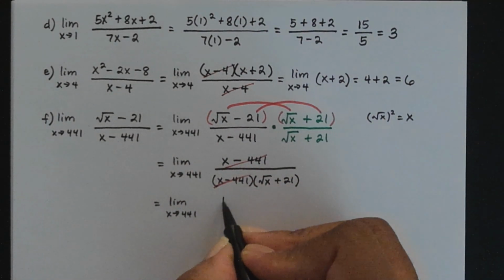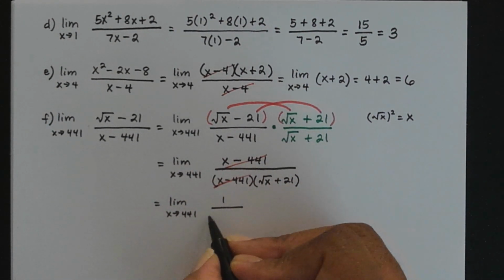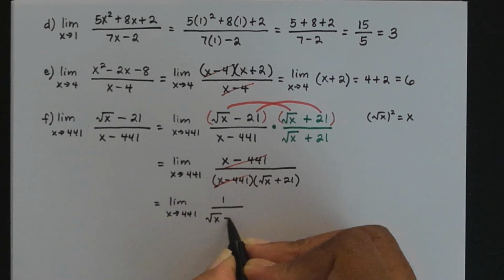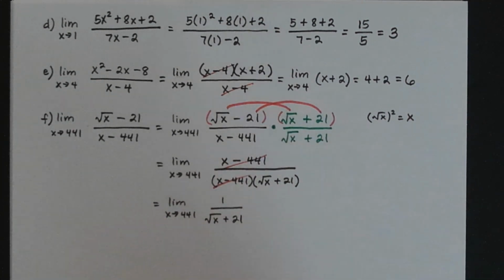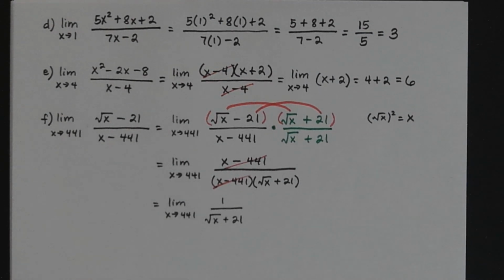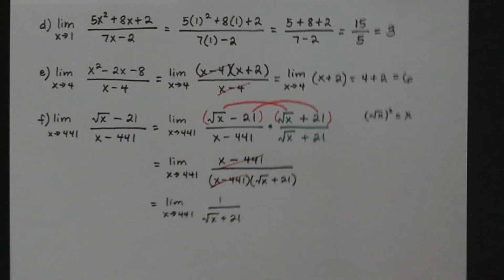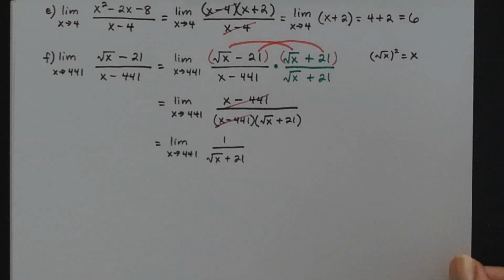Now here I'm going to have a 1 in the numerator. And in the denominator, I'm left with the square root of x plus 21. Now, since I will not get a 0 in the denominator, I'll go ahead and replace that x with the 441.